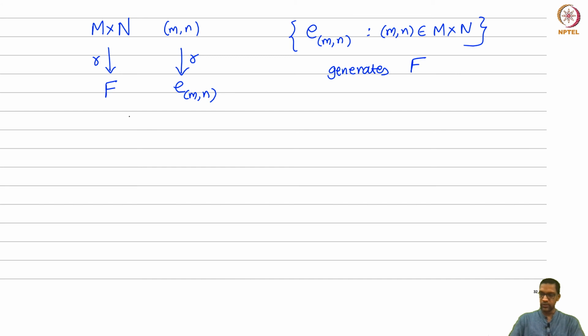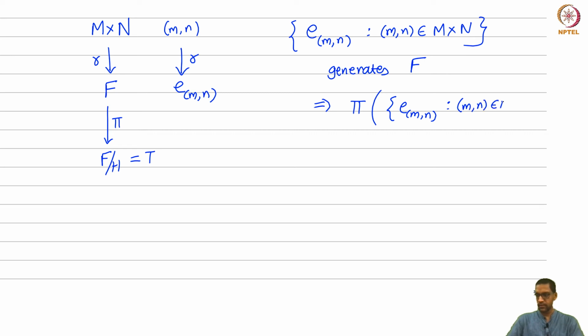Now, okay, good. So they generate F, and now this map pi here is a surjection. So this is F mod H, which is T. Okay. So since pi is an onto map, and this is a generating set, it implies if you apply pi to this generating set, then that's again a generating set. This generates F mod H since pi is an onto map. Okay, again exercise, this is just a completely general fact.